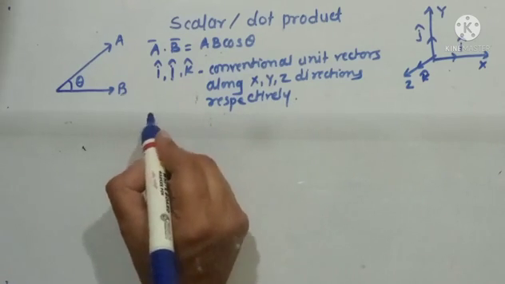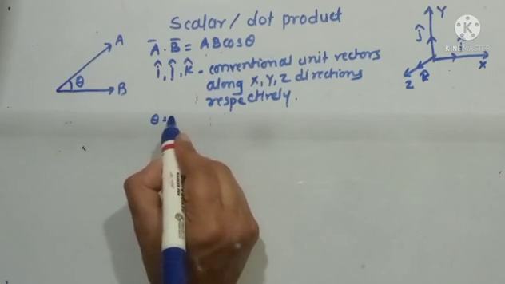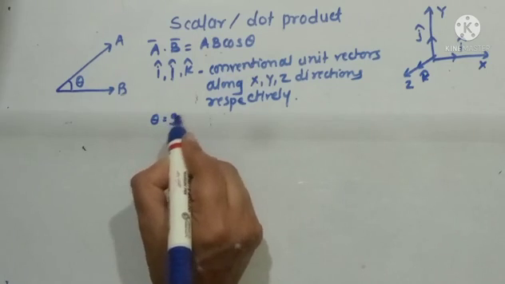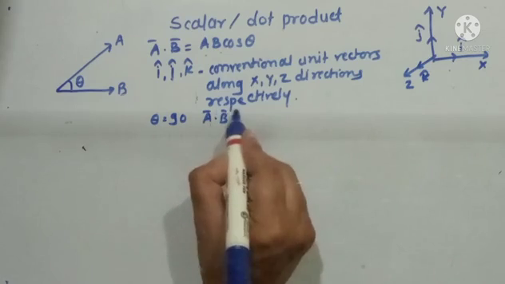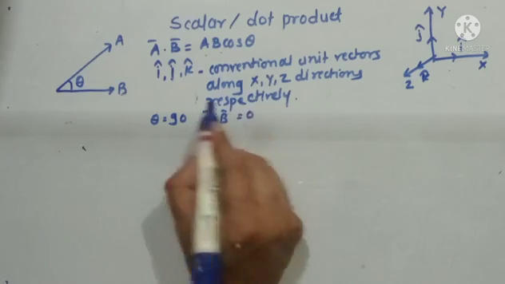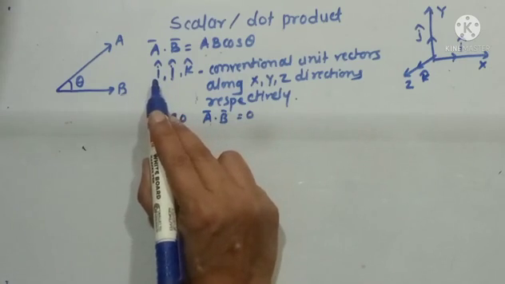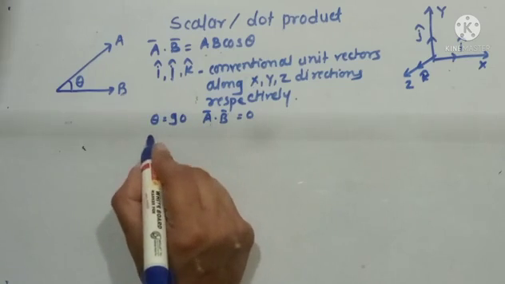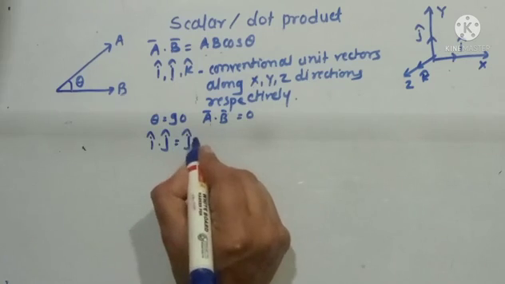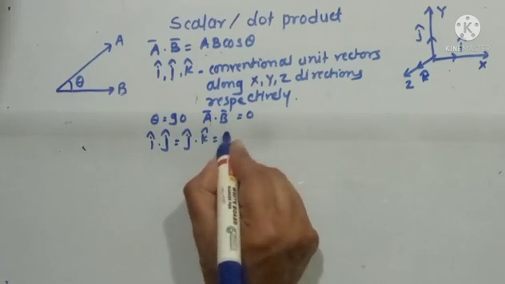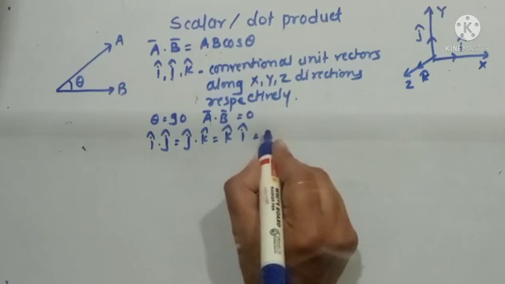Now we know that if the angle between two vectors is 90 degrees, then their dot product will be equal to 0. The angle between vector i and vector j is 90 degrees, vector j and vector k is also 90 degrees, and vector k and vector i is also 90 degrees.